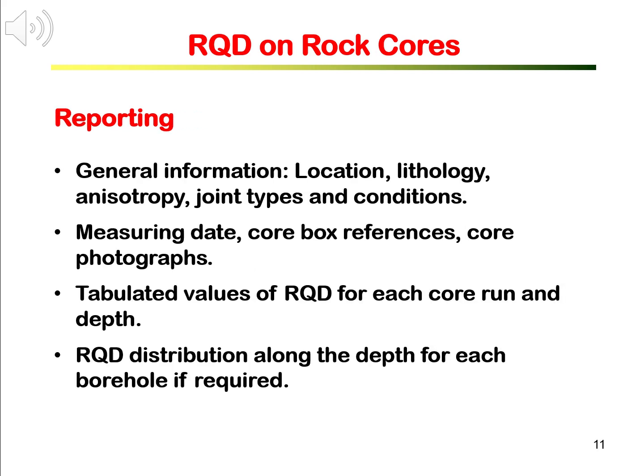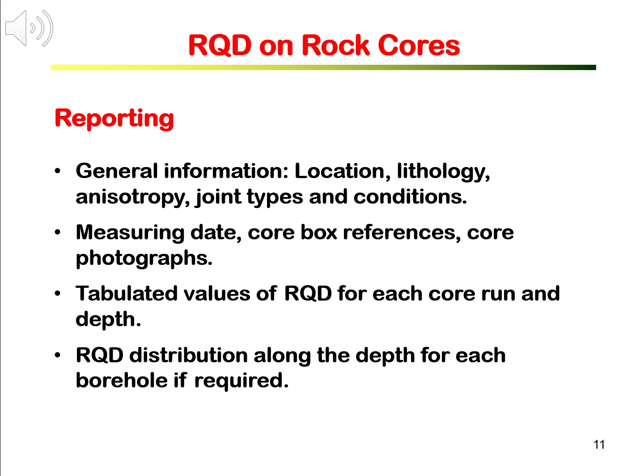On the core log sheet, measured RQD values are required to be shown. For a complete RQD measurement report, we need to have the general information on coring location, date of drilling, lithology, anisotropy, joint types, and the conditions.